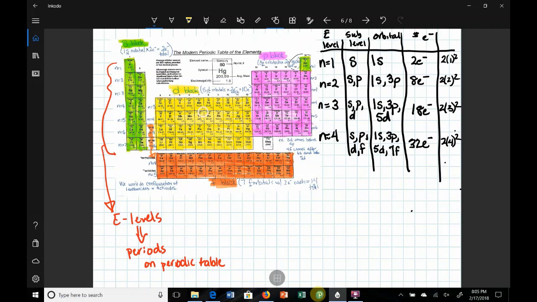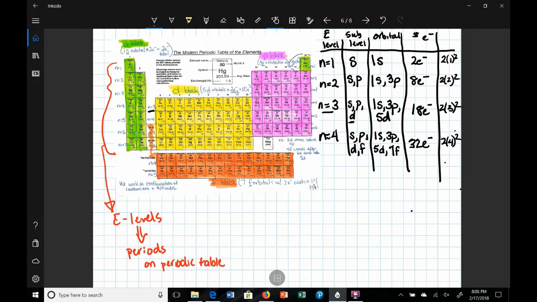Now, remember, the D's start in energy level number 3. So when we look here on the periodic table, we have to know that this set of atoms has electrons starting in the third energy level.